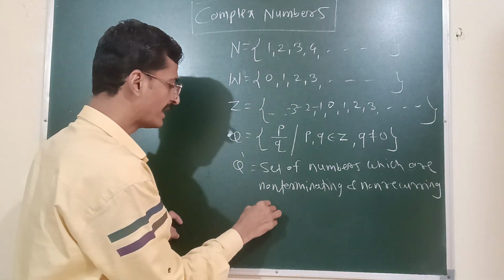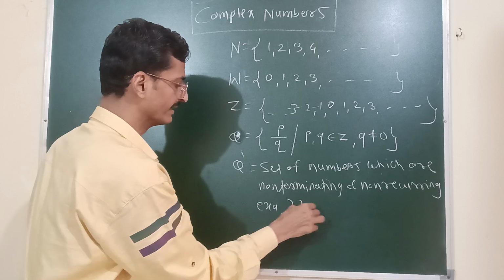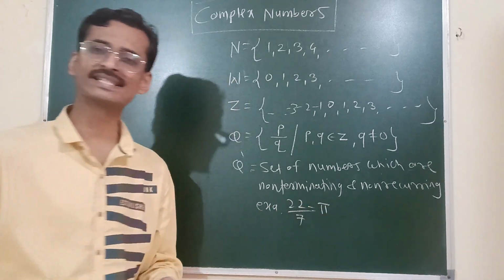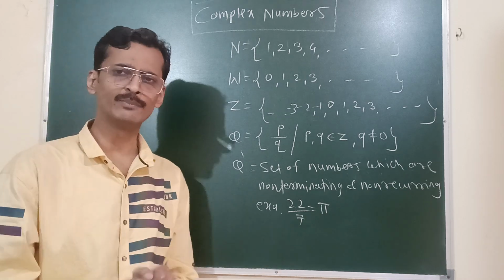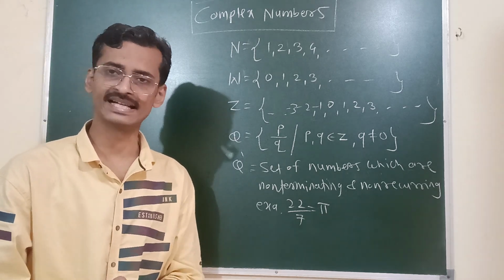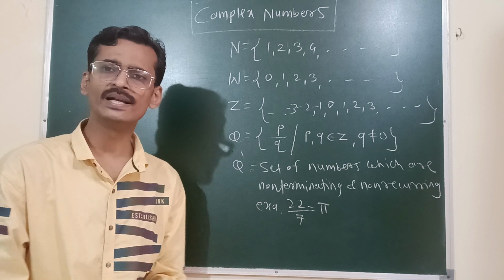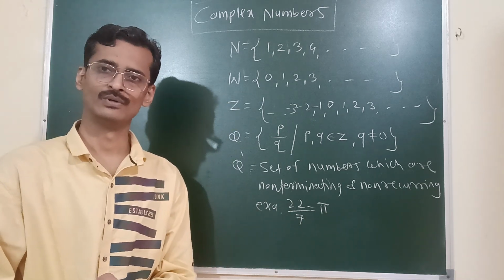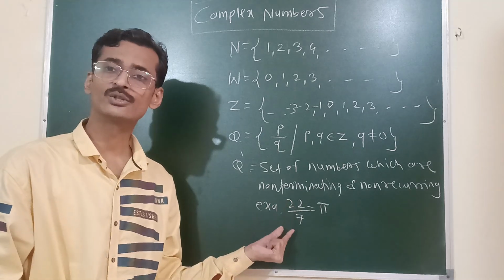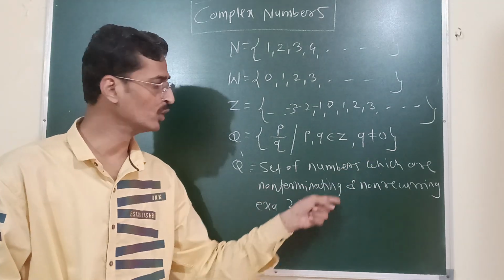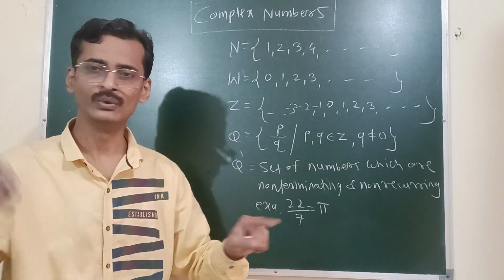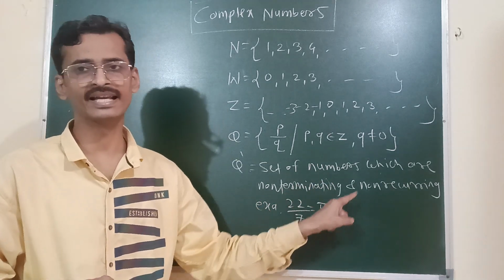We know that pi is 22 by 7. If we divide 22 by 7, approximately we write 3.14, but that is not the exact answer. Try dividing 22 by 7, you will never get remainder 0. So that is called non-terminating and non-recurring. These are not numbers like 3.111 or 3.222.